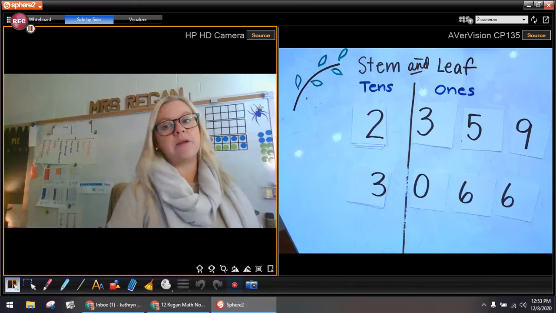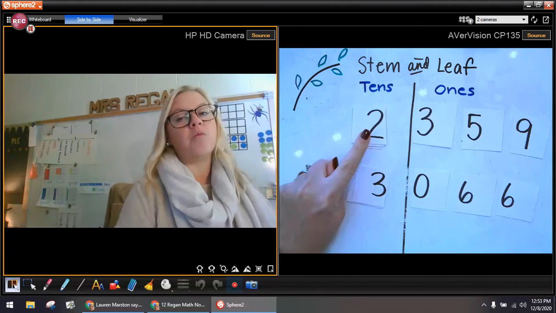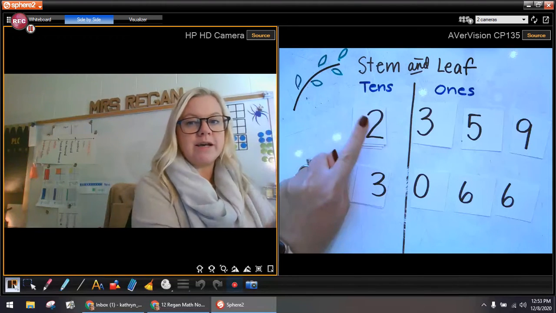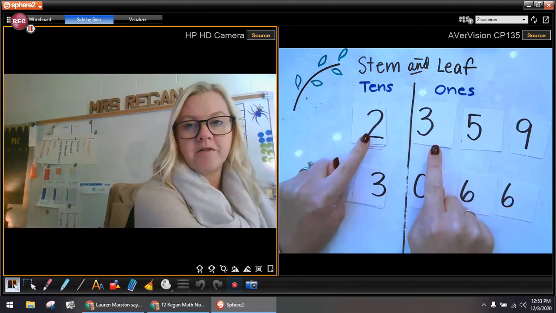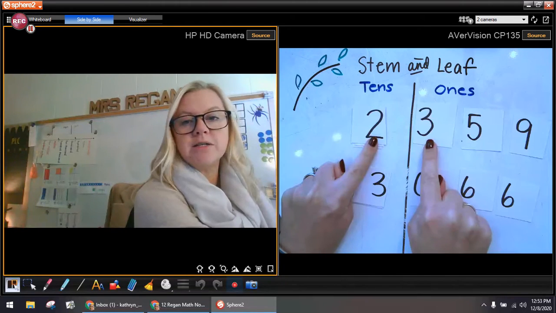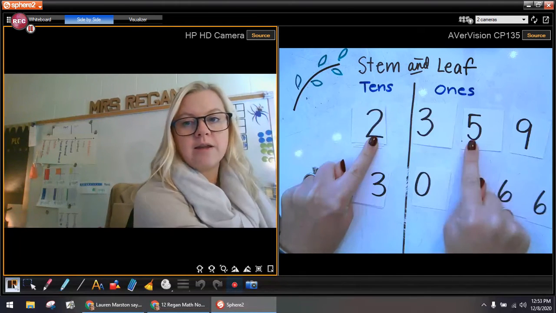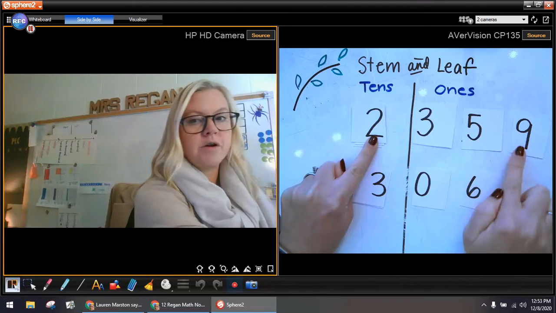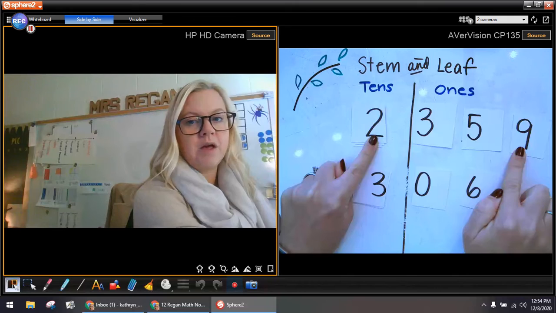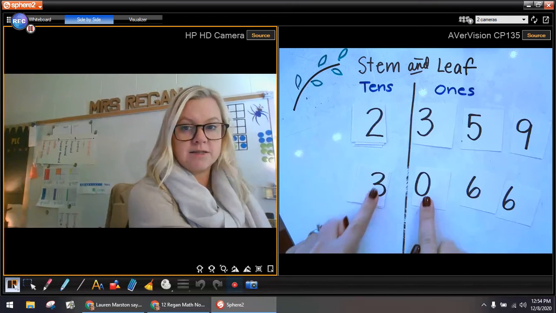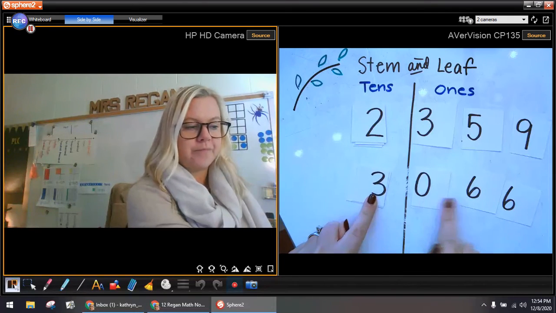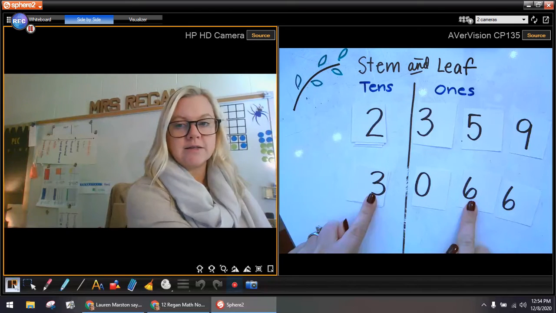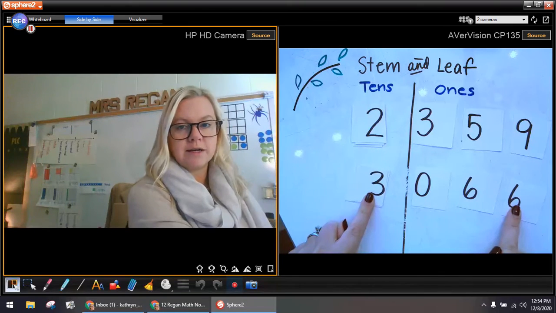Okay, let's read the numbers together. Remember, one number from the tens stem and one number from my ones leaf. So this number is 23. The next number, 25. The next number, 29. And then I jump down to my next stem, 30, 36, 36.